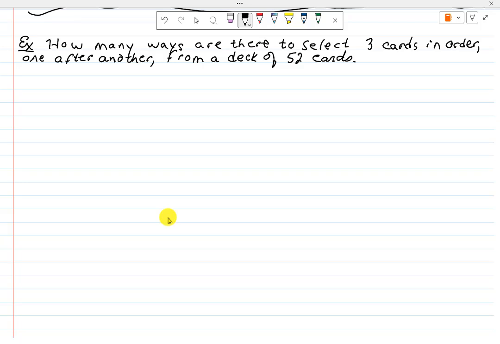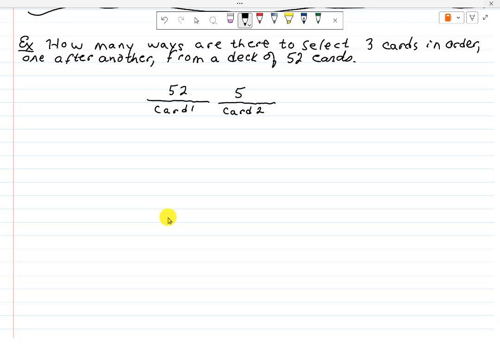So 3 cards, we could look at it as selecting a card, card 1, and selecting a second card, and then selecting a third card. So if we look at it that way, we have card 1. When you select the first card, you have 52 cards with which you can select. Then you go to card 2. After card 1 has been selected, there's only 51 cards left.